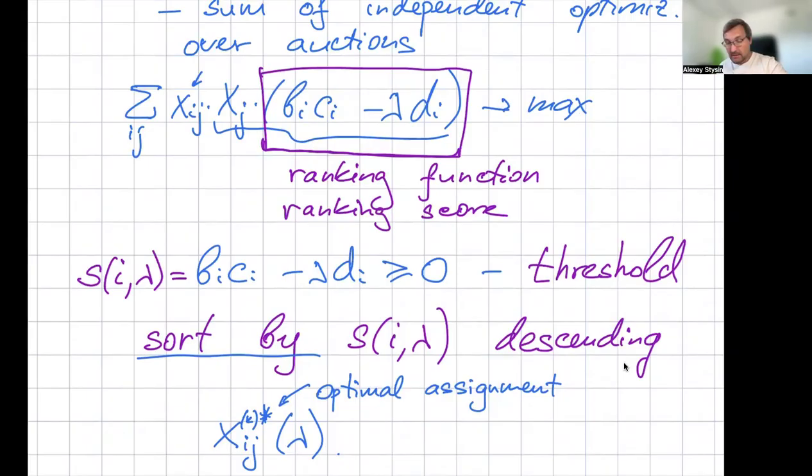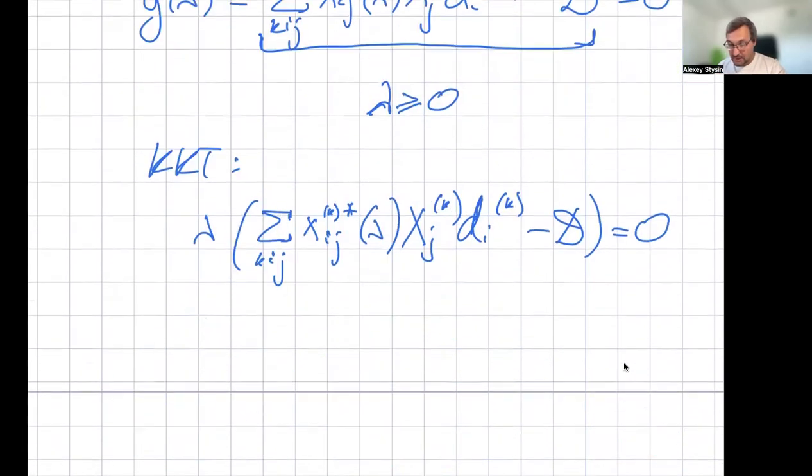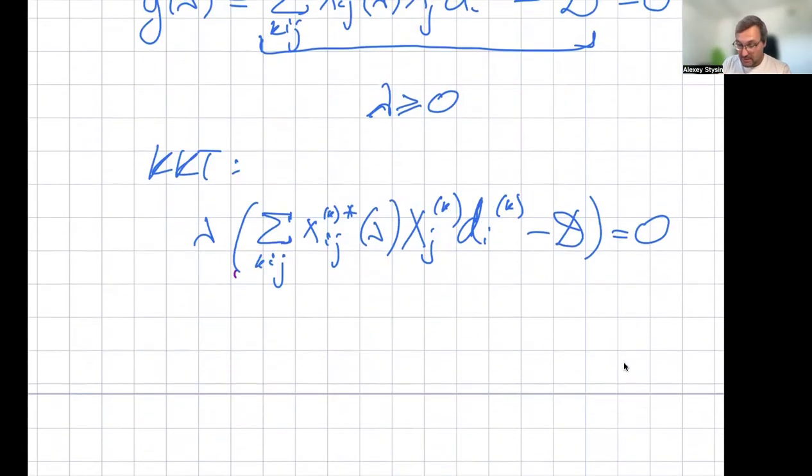And using this ranking function with the given value of lambda, we would find the optimal assignment given the lambda. And then we will use that optimal assignment in this expression to see if we have a violation of the constraint, we need to move the lambda in a way that the constraint is going to be satisfied, and it needs to be satisfied exactly.